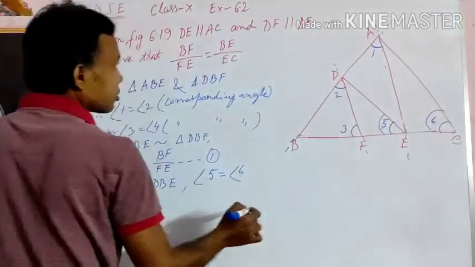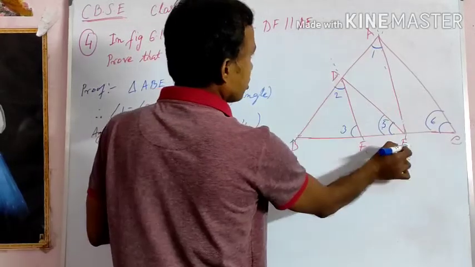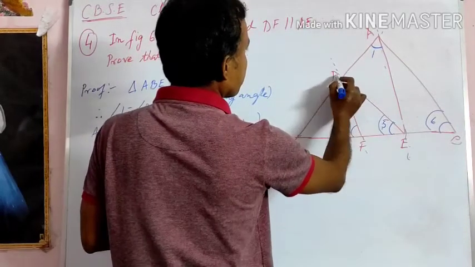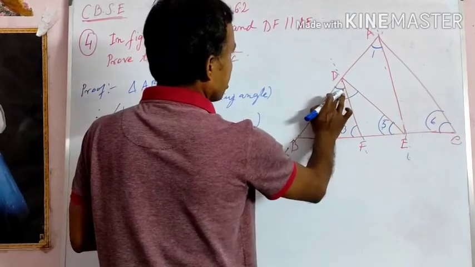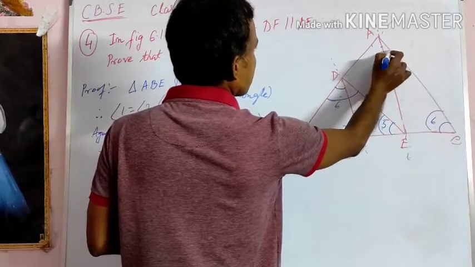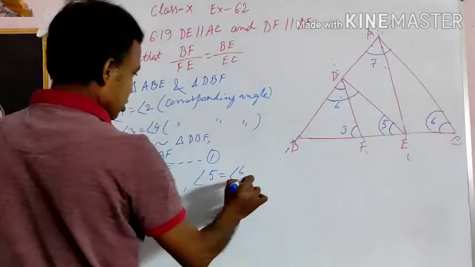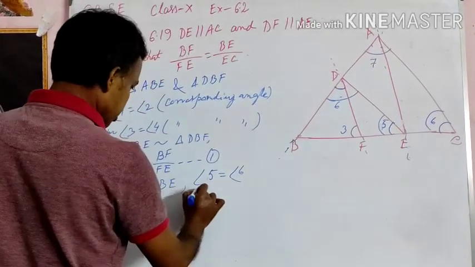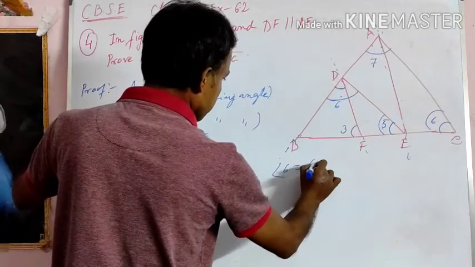Similarly, DE is parallel to AC. Therefore angle 6 is equal to angle 7.